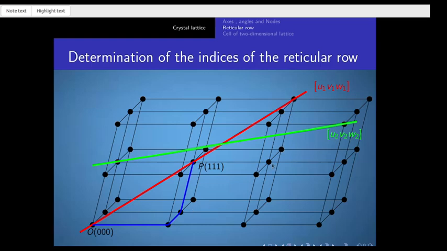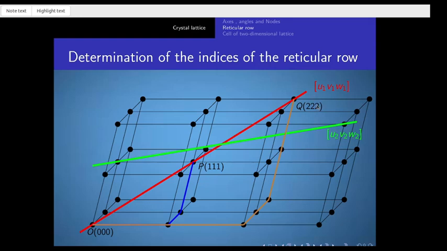In the same way, we can determine the coordinates of this node, and we do the translation 2a plus 2b plus 2c, and we obtain the node Q with coordinates 2, 2, 2.